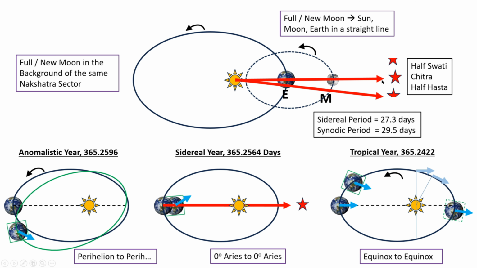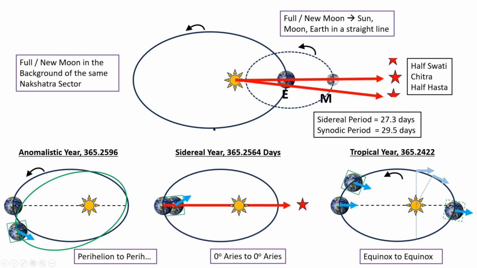And a full moon anywhere with this background, that is centered with Chitra, and half from this Hasta and half from this Swati sector, anywhere it happens, then it is classified as Chaitra full moon, and it marks the end of Chaitra month.